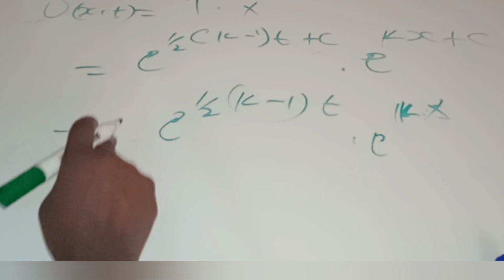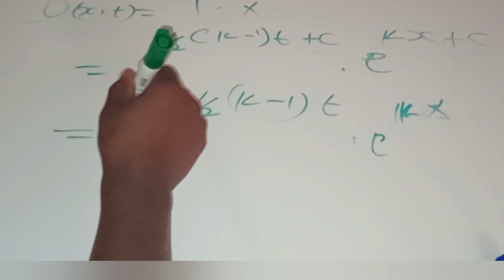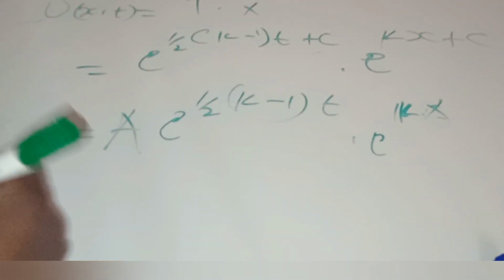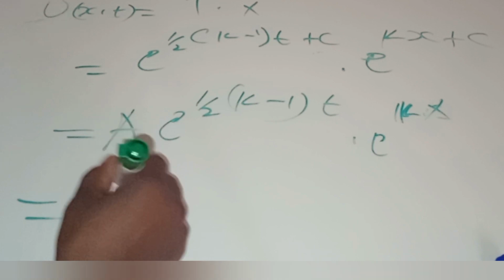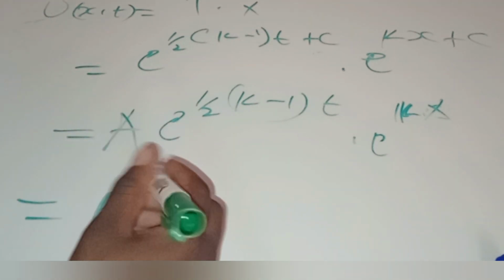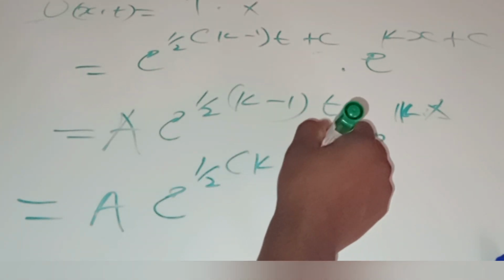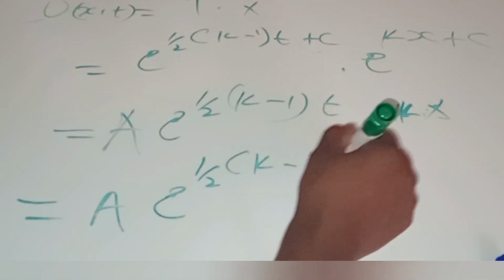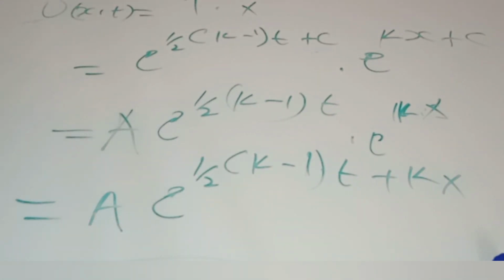You bring it here. So c times c, they are constants. Name them a. A is a constant. So u of x, t will be a, remember that a is your constant, e raised to the power half of k minus 1 times t plus kx, like that.